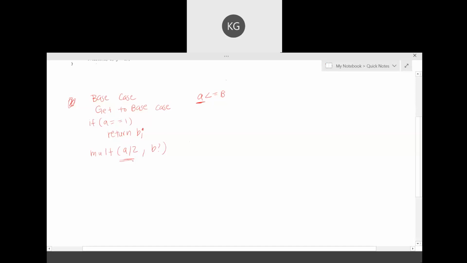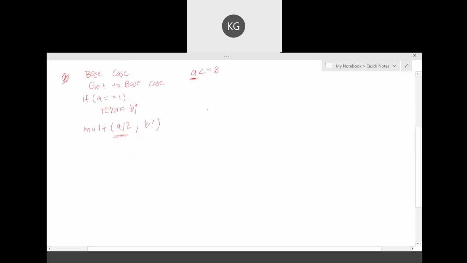So, for example, if we said that A was originally equal to 8, and we plugged it into this function, like the same thing we did in the even-odd question.